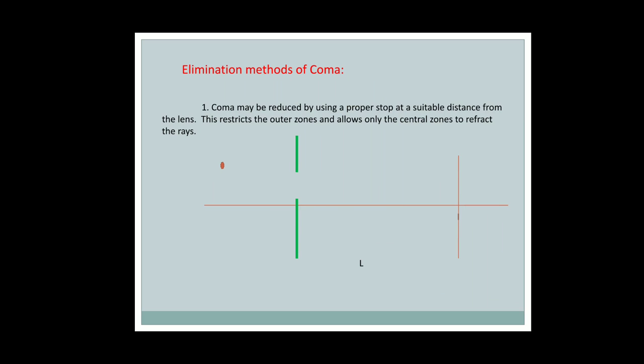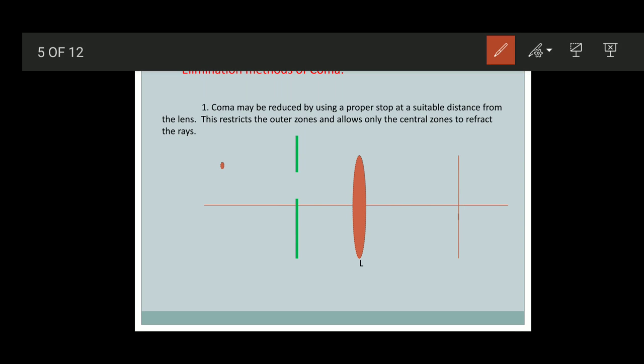And how can we eliminate the coma? Of course, there are different methods to eliminate coma. The first method is by using a proper stop. If the proper stop is placed in front of the convex lens at a suitable distance, which minimizes the spherical aberration. This is the convex lens, where the green color is the proper stop.